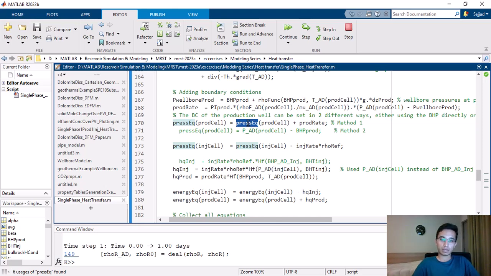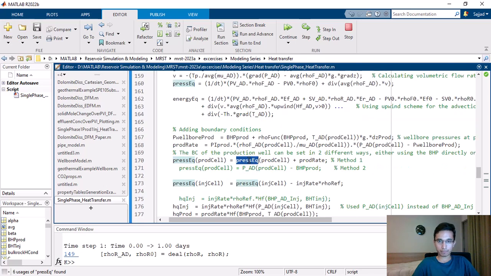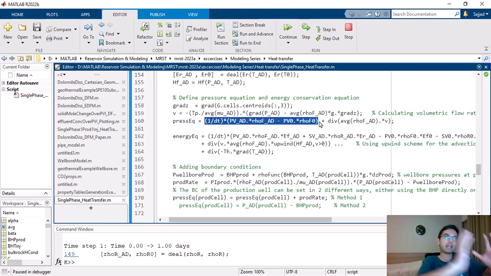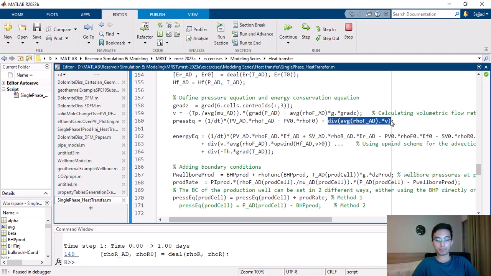But if you take a look into this residual equation, you'll see that this is the accumulation term, which is the left-hand side of the equation, and the right-hand side of the equation is this, which is moved to the left-hand side of the pressure equation. So on the right-hand side, this term has a minus sign, but because now it's moved to the left-hand side, it has a plus sign.